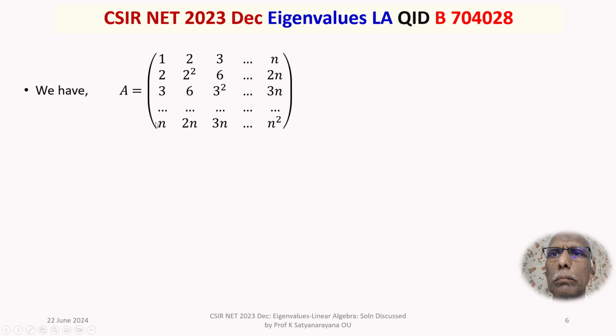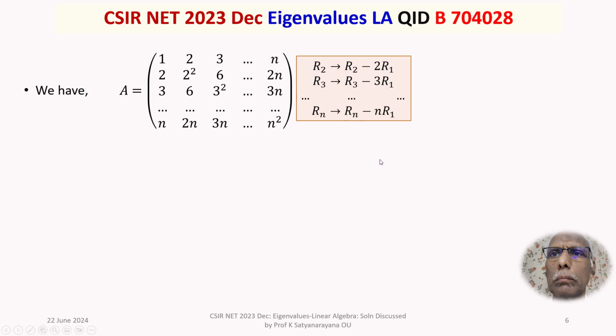In a similar fashion, for the nth row, Rn is Rn minus n times R1.